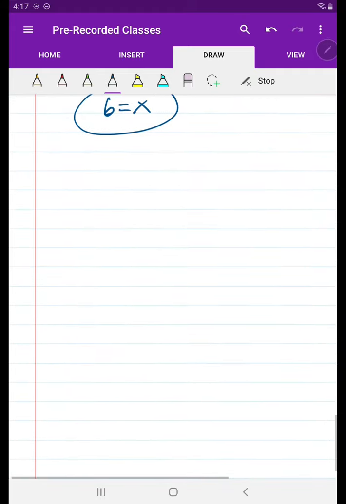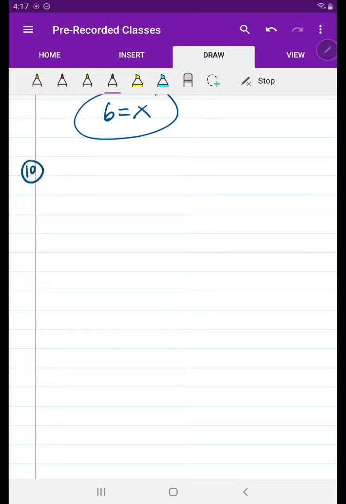For number 10, we have an expression that we have to evaluate. We have log base 4 of 64. So maybe one of the simplest ways for you to do this is just to plug this into your calculator. You can use change of base. So this is log 64 over log 4, and if you do that, your calculator will give you 3.